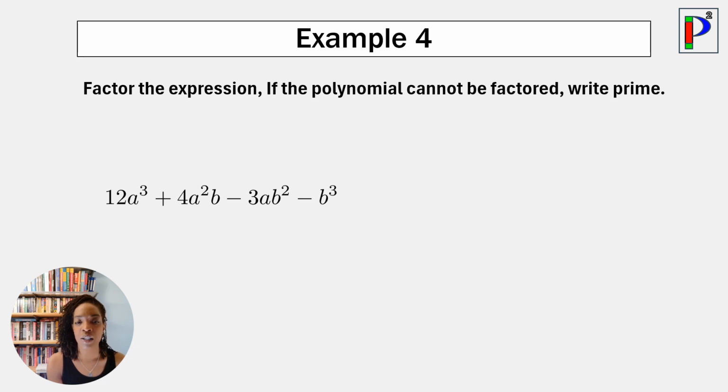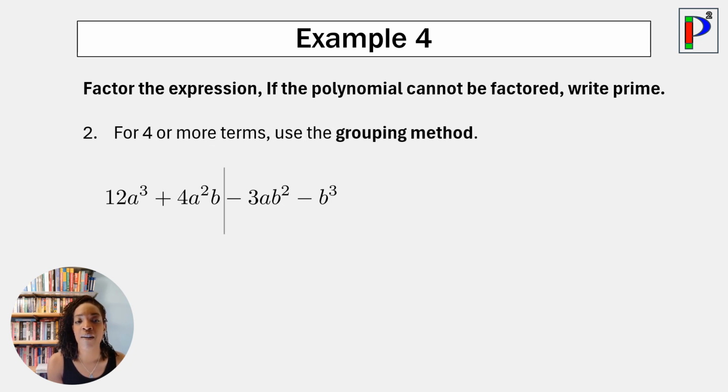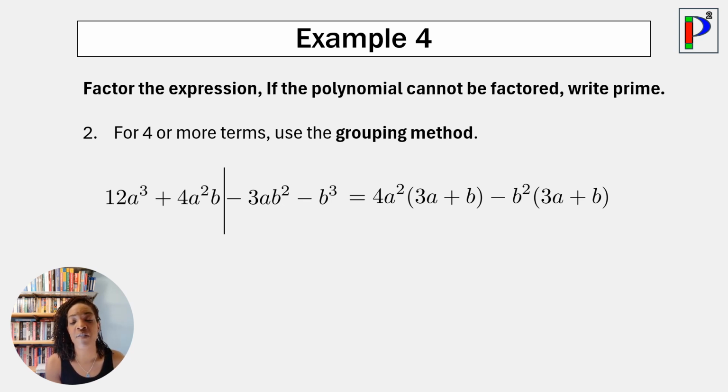Okie doke, I look at this one and I do not see a GCF, but I have 4 terms. When I have 4 terms, we group terms, okay? So my first two terms have a GCF of 4a squared, leaving 3a plus b. My second two terms have a GCF of negative b squared, leaving 3a plus b.